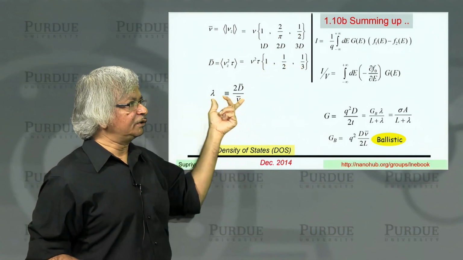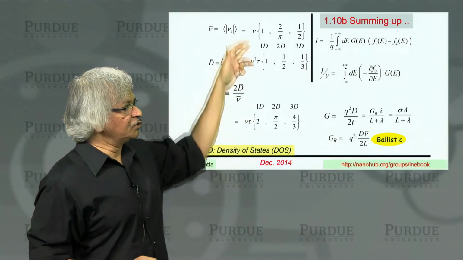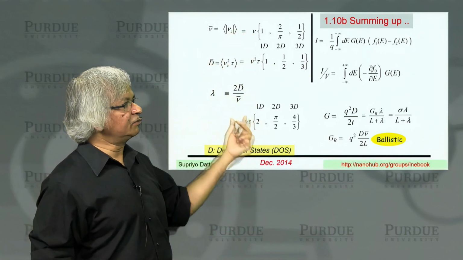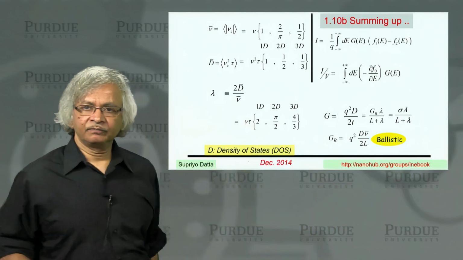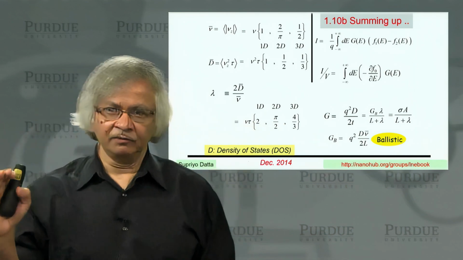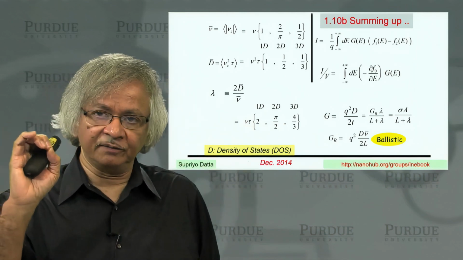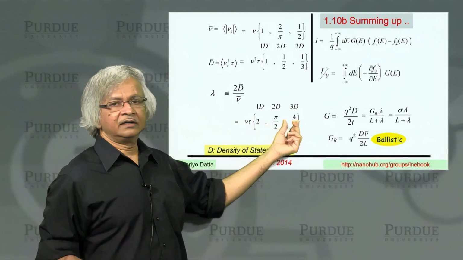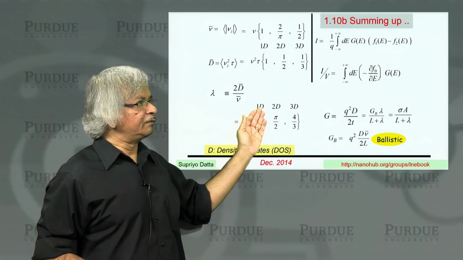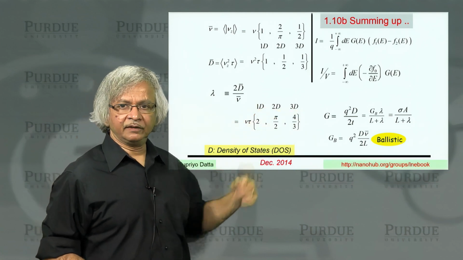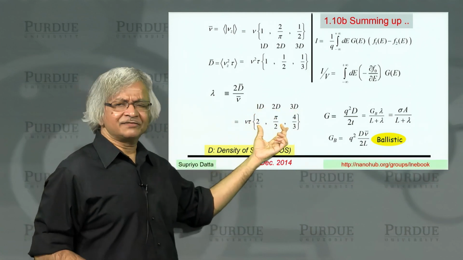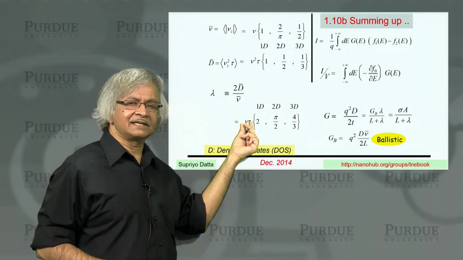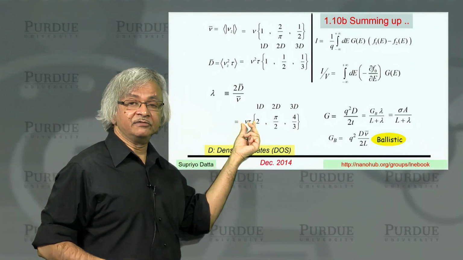And if you look at lambda, from those you can deduce that it's equal to v times tau, velocity times the mean free time, which is normally what you'd have called the mean free path. But then we have this extra factor in here that depends on whether you are in 1D, 2D, or 3D. Now, why do we have these factors here? Why not just define this as v tau, as the mean free path?